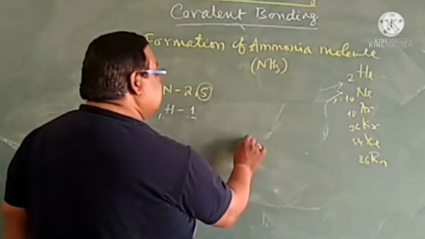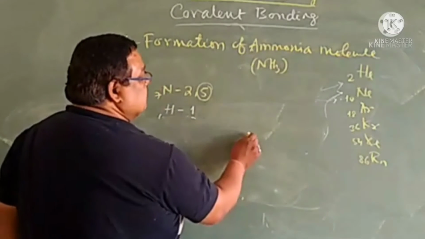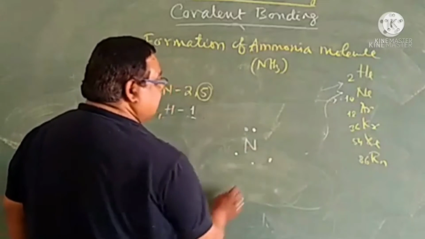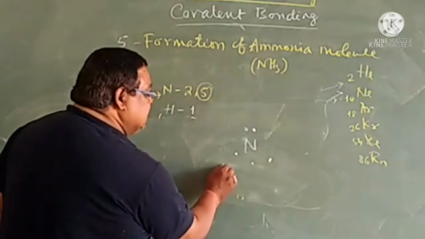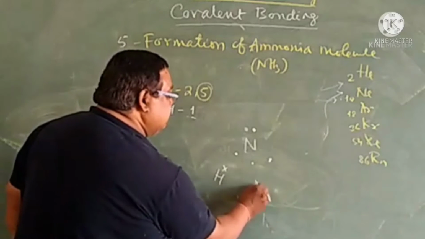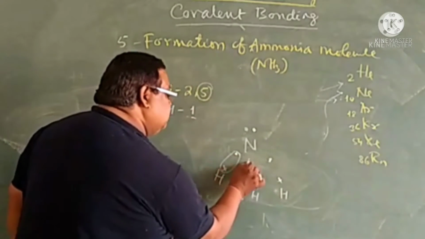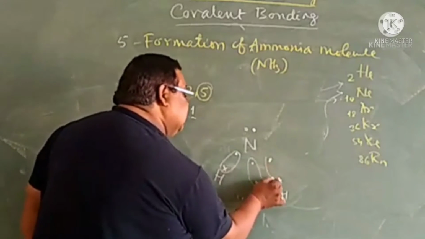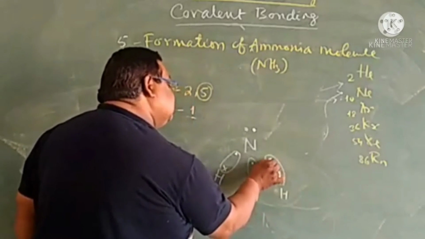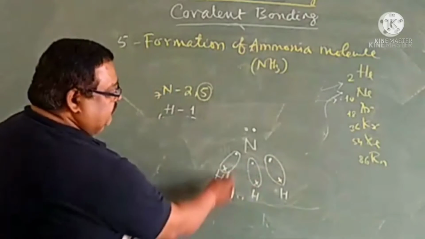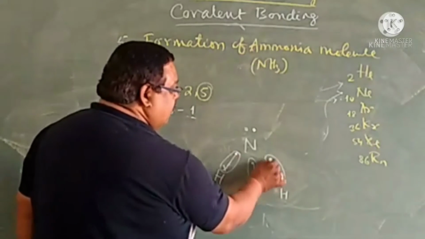So nitrogen has 1, 2, 3, 4 and 5 electrons. Each hydrogen atom has got 1 valence electron and covalent bonds are formed like this. Each hydrogen shares its electron with 1 valence electron of nitrogen, thereby forming 3 covalent bonds.